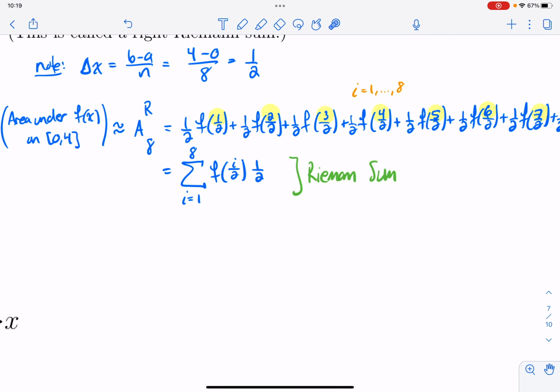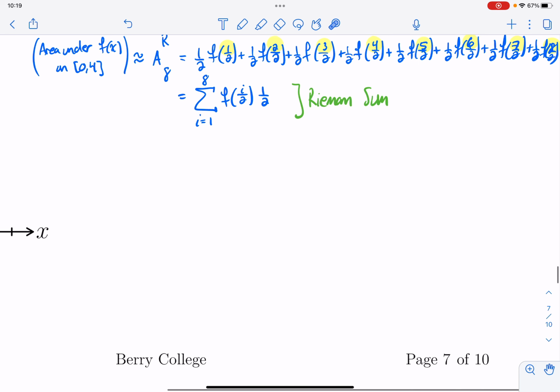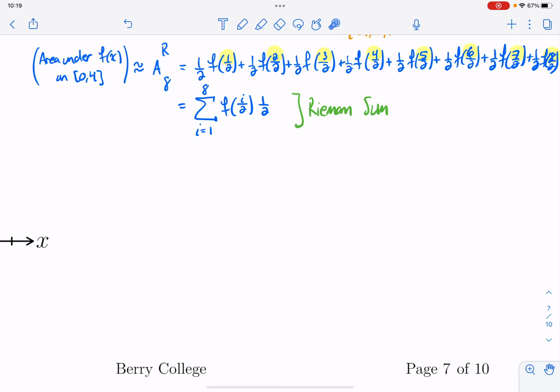But the cool part is I can now use my formulas, so I don't have to compute 8 terms of this. That's going to annoy me. So instead, I'm going to compute this using sigma notation. So this is going to be what?